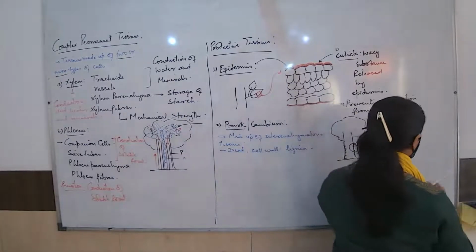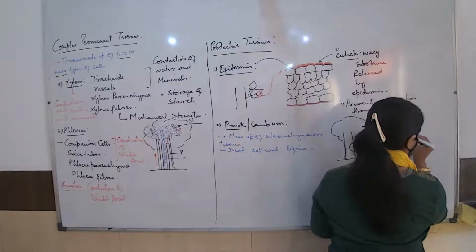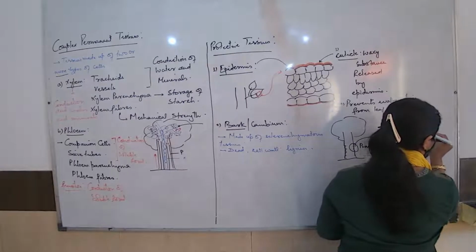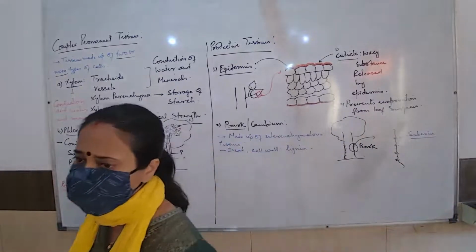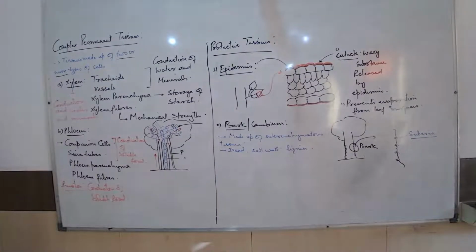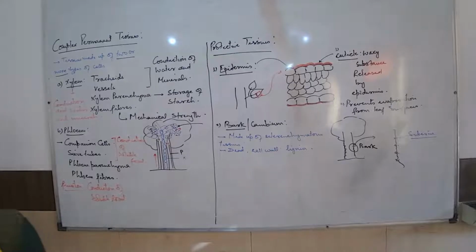And what are these substances called? These substances are called suberin. The bark of the stem, and even well-developed big plants that have roots with bark, release suberin. What is suberin?